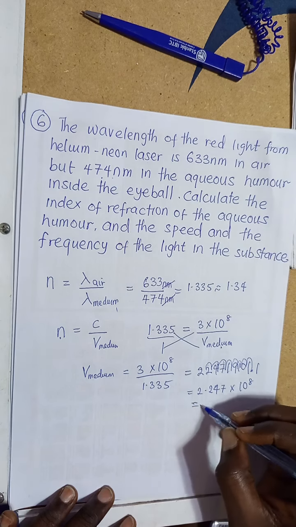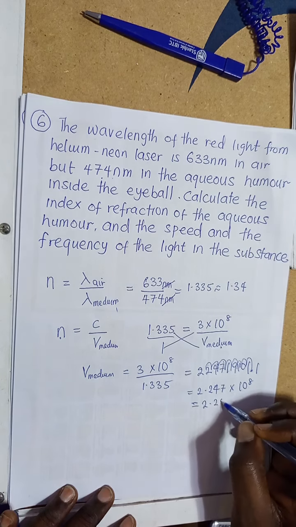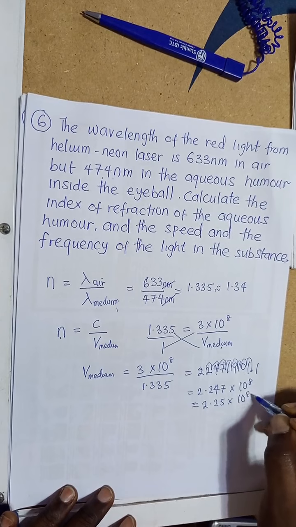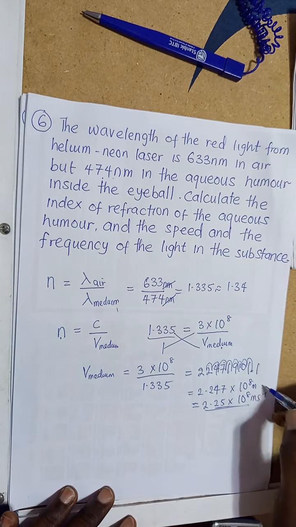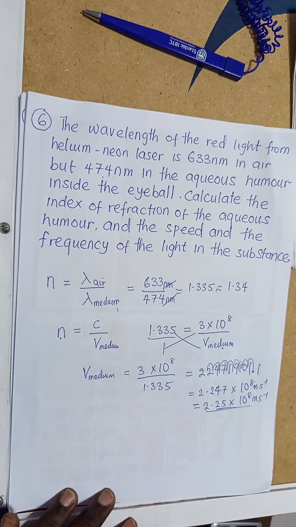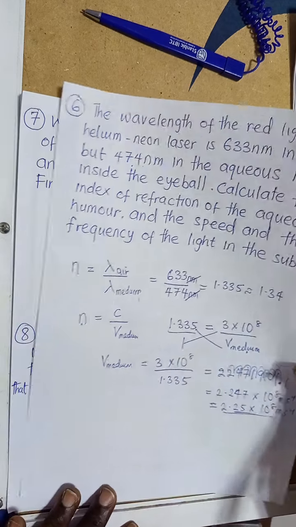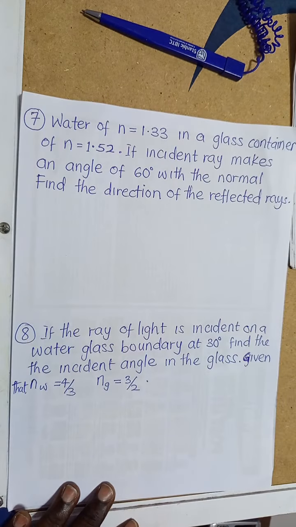So that is approximately 2.25 times 10 to the power 8 meters per second. Please take note of that to make sure that you get your answer. You have to be careful of the approximation.